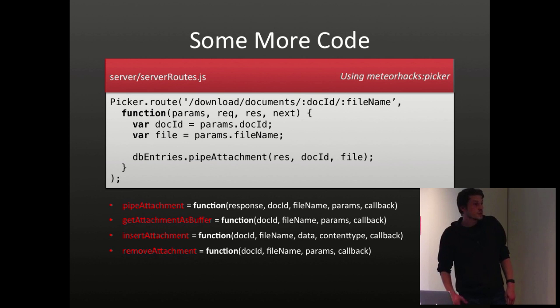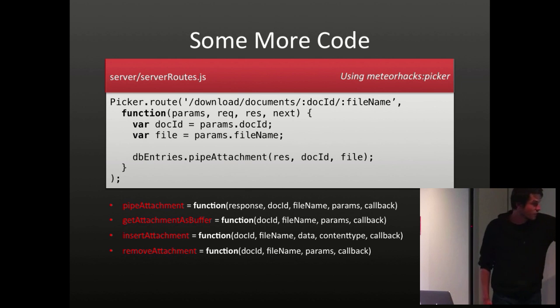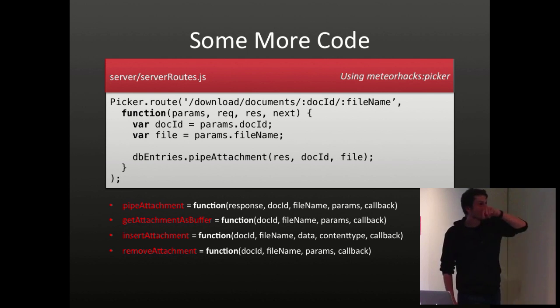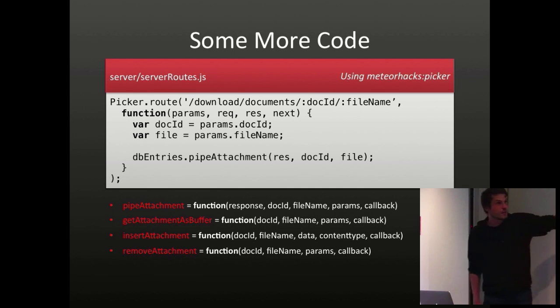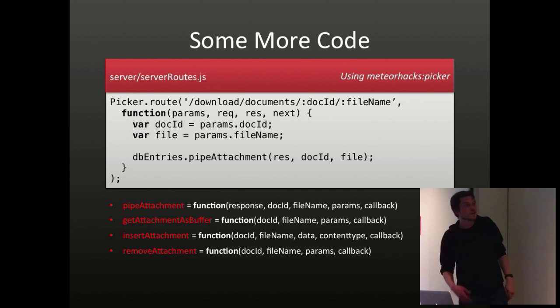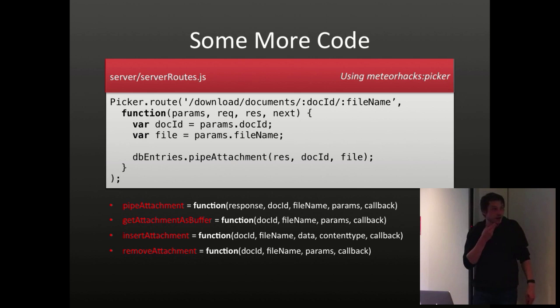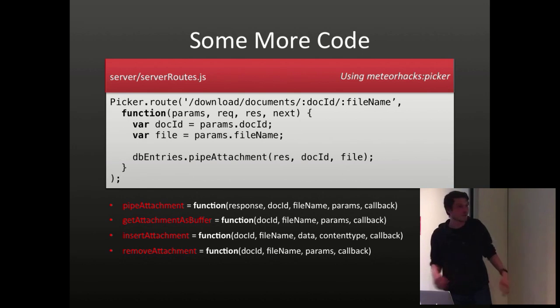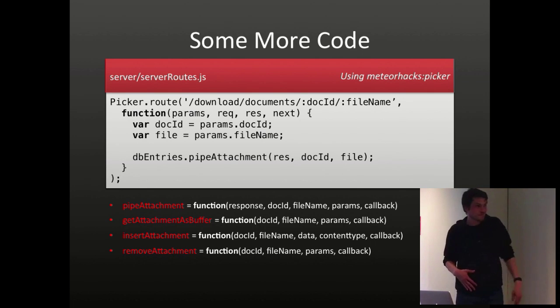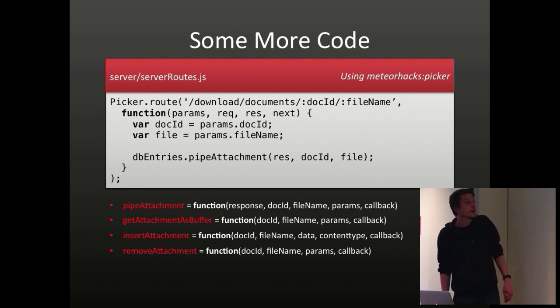Some more code for attachments. I have to avoid using the red color here. So I used Meteor Hex Picker here. I tried it this afternoon with Iron Router, but somehow it wouldn't pick up the server route. So I'll provide an example with Iron Router later on, and also in the documentation of the driver.